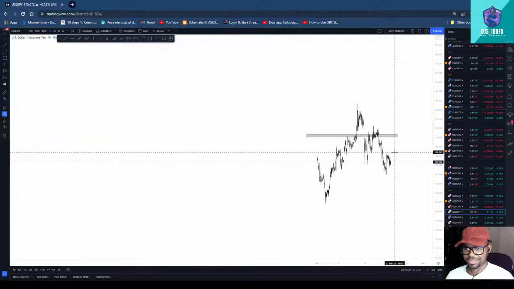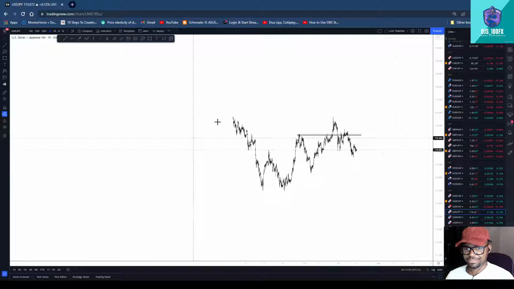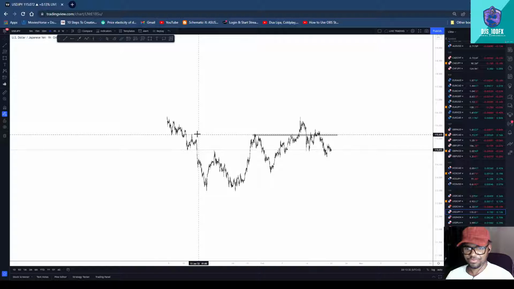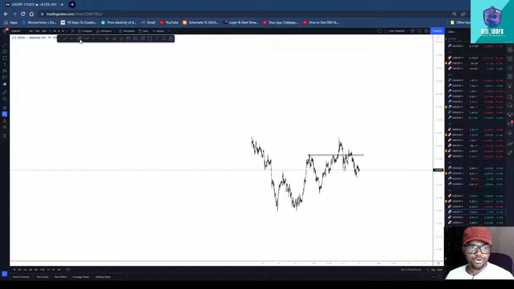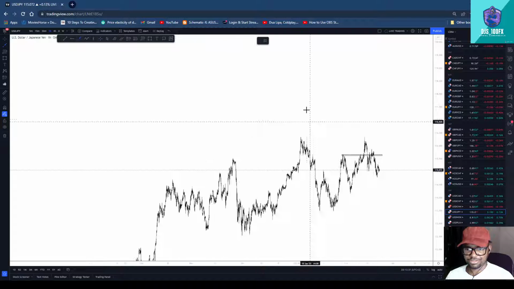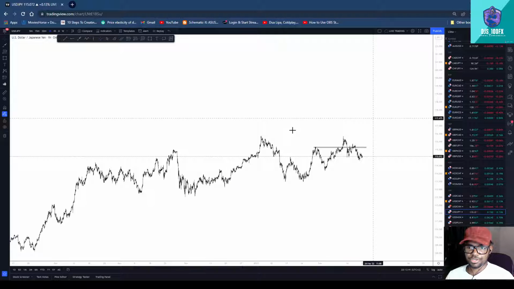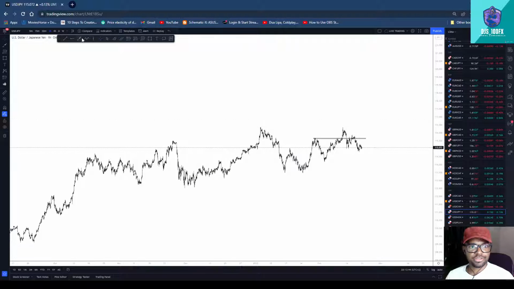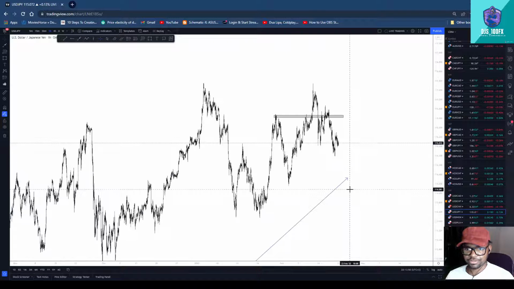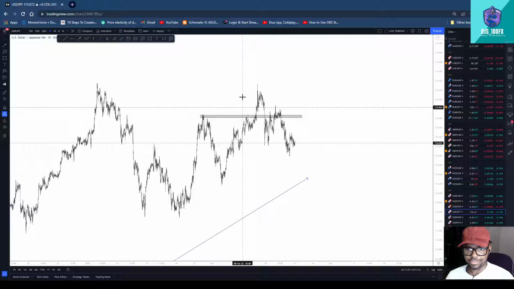I'll tell you just now why. Let's let the data from this side load. Price is in an overall uptrend, price has broken this level, creating a fake out.